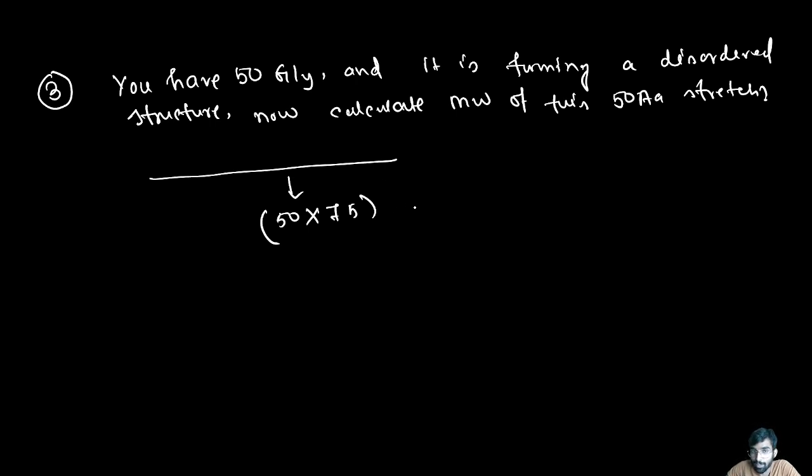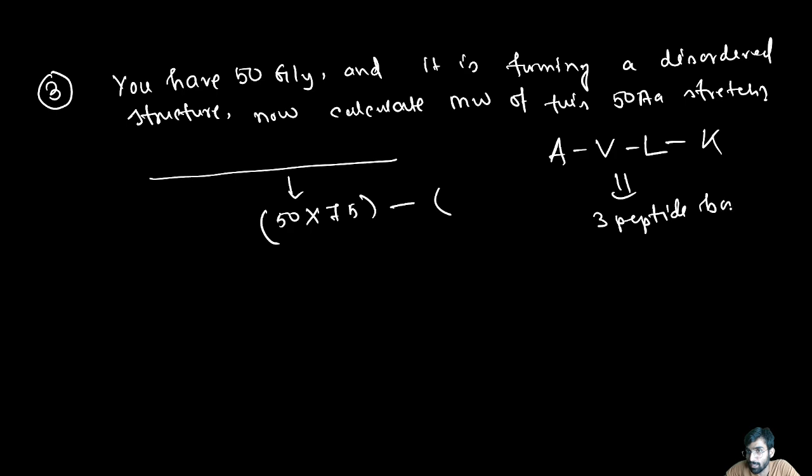So 50 into 75 minus, suppose there are 4 amino acids A, B, L, K. In 4 amino acids, if it's linear, then there are 3 peptide bonds.